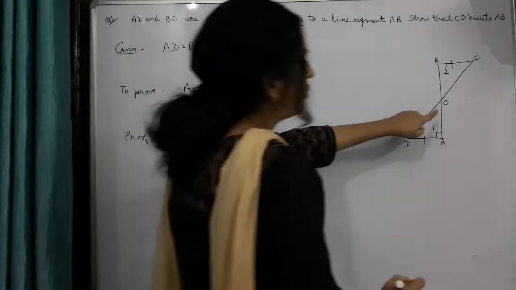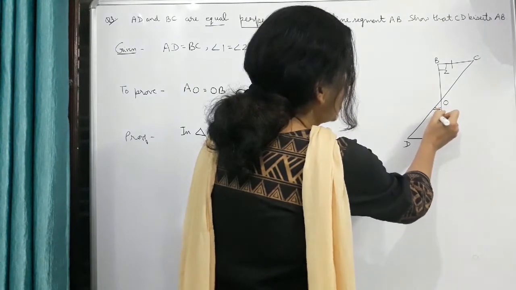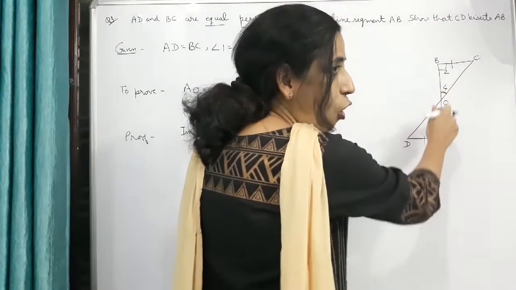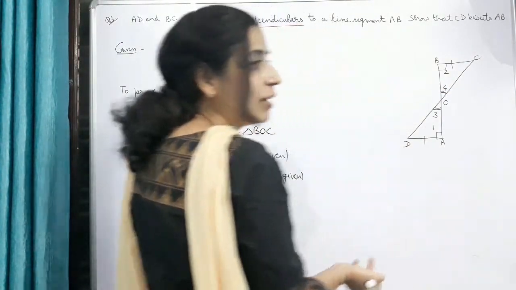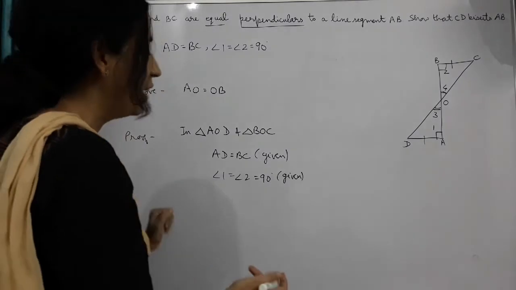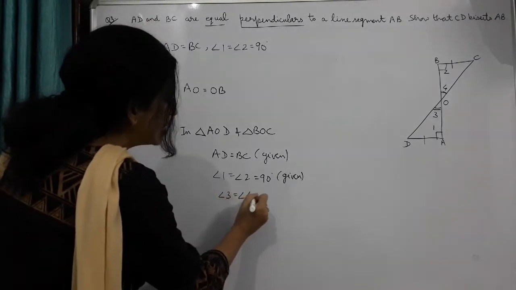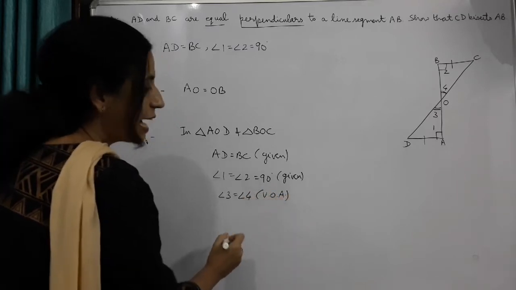Now let us observe this figure carefully. We can see over here that angle 3 and angle 4 form a pair of vertically opposite angles, and we know that vertically opposite angles are equal. So over here we have angle 3 is equal to angle 4 because they are vertically opposite angles.